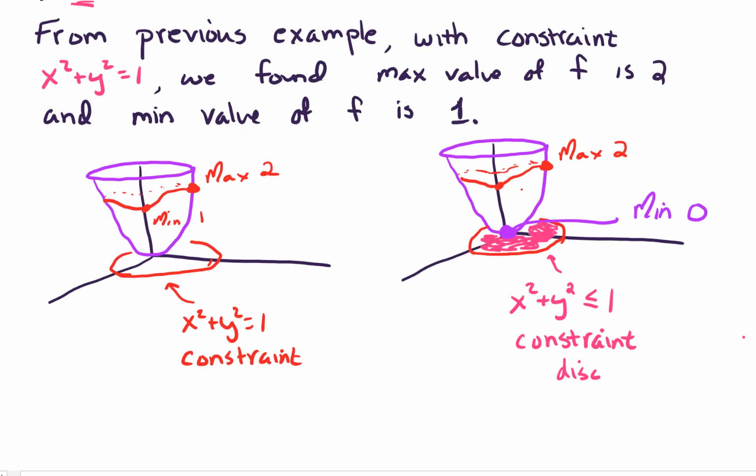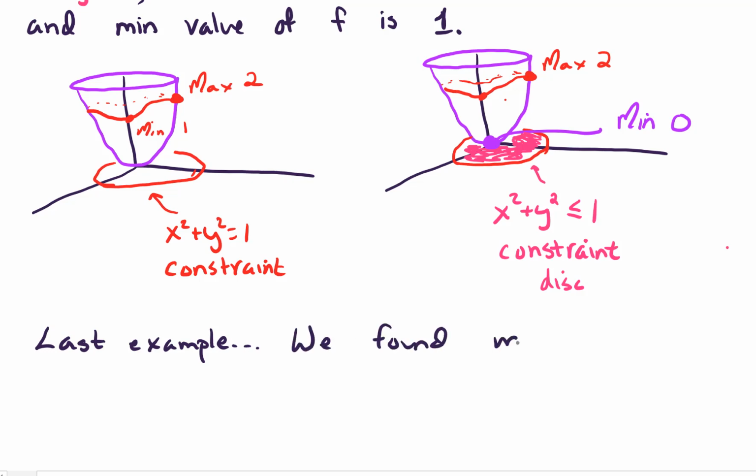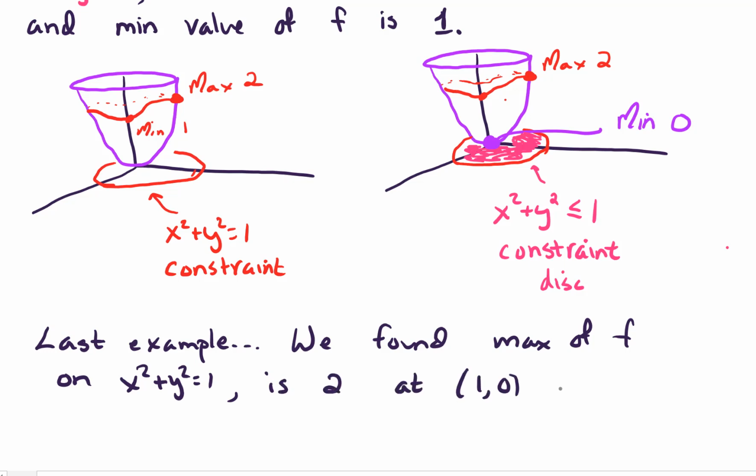Okay, so I'm going to reuse my results from the last video. So in the last example, we found that the max of f on the circle, subject to the constraint, is 2, and that happens at the points 1, 0, 0, 1 and 0, negative 1.